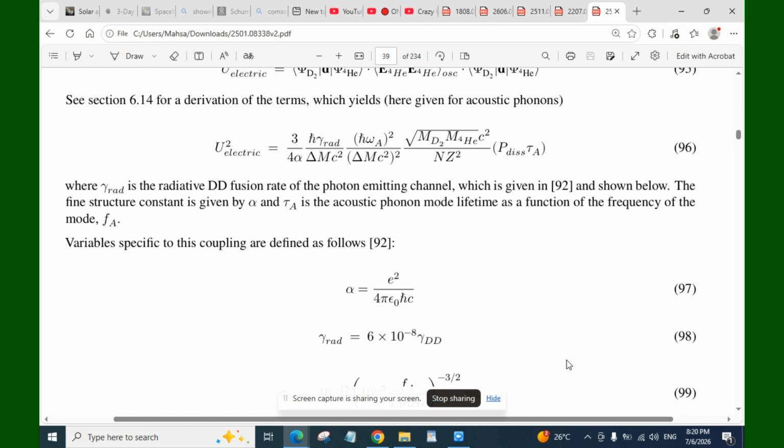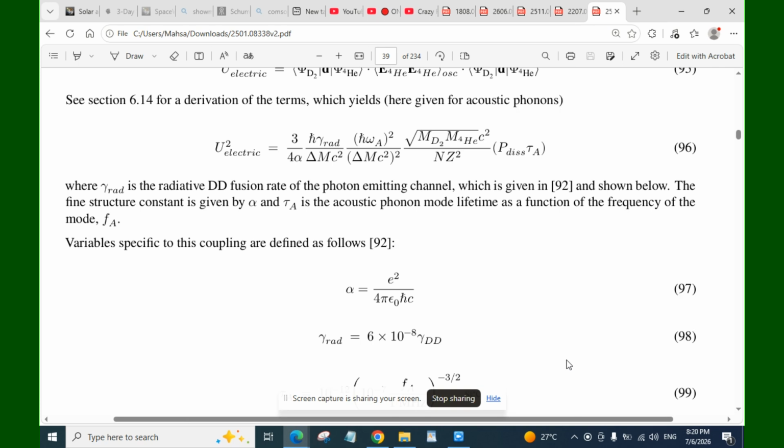U electric to the power of 2 is equal to T divided by 4 alpha multiplied by H gamma radiative divided by delta MC to the power of 2 multiplied by H omega R to the power of 2 divided by delta MC to the power of 2, multiplied by square root of MAD to the power of deuterium, MA helium 4 C to the power of 2 divided by neutron Z to the power of 2, multiplied by PADC equation tau R, where gamma radiative is the radiative deuterium-deuterium fusion rate of the photon emitting channel, which is given in reference 92 and shown below.